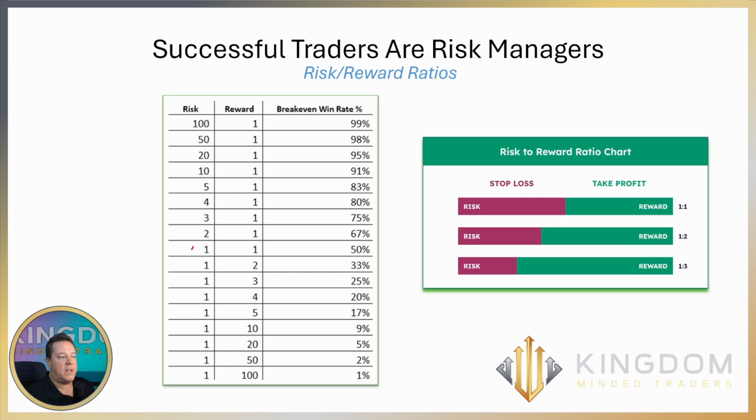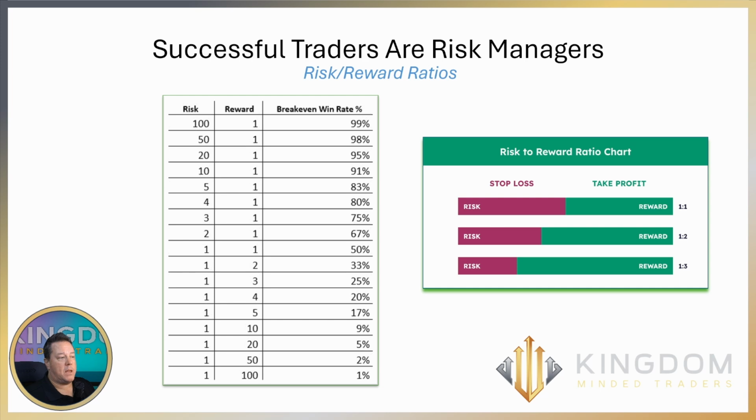But if you are risking $1 to make $1, that means you have to be right 50% of the time in order simply to break even, not to be profitable, but just to break even. If you are risking $2 to make $1, that means you have to be right 67% of the time simply to break even.